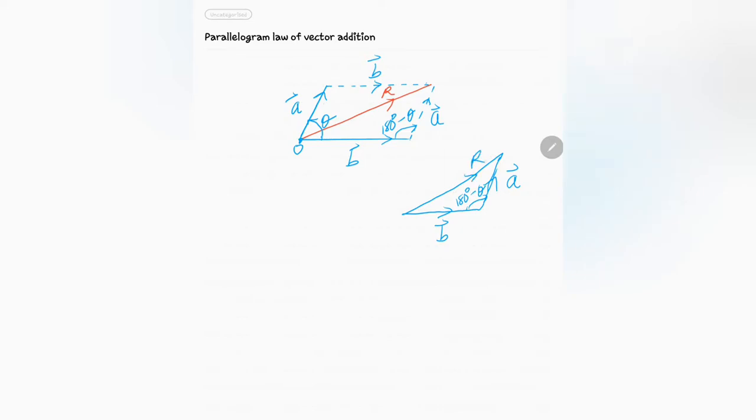Now the cosine rule is a rule that is applied to triangles. You can use it to calculate the side of a triangle. You can also use it to calculate an unknown angle in a triangle.